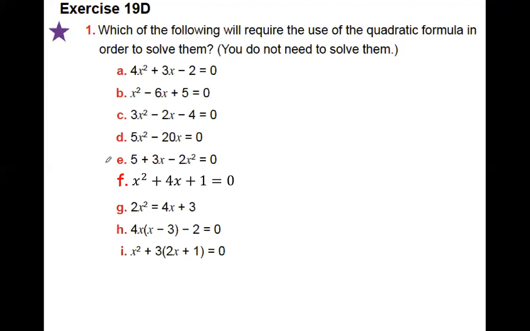Before you do the discriminant, rewrite this as negative 2x squared plus 3x plus 5. Now decide A equals negative 2, B equals 3, and C equals 5. So you just need to calculate B squared minus 4AC.